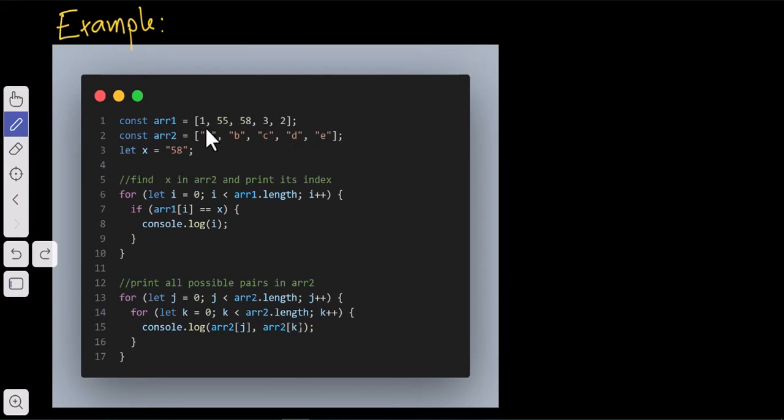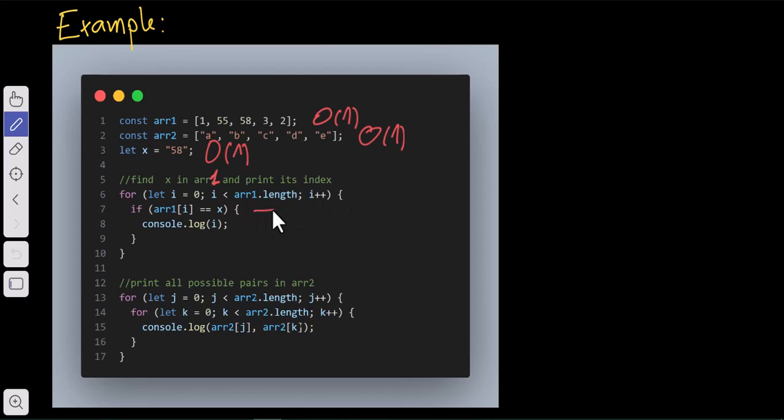First, let's start by finding the complexity for each individual instruction. So we have a constant time for the first instruction because it gets executed only one time, no matter how big is the input or how large is the input. Same for the second instruction and the third one. Now for this piece of code, we're trying to find x in an array 1 here, and printing its index.